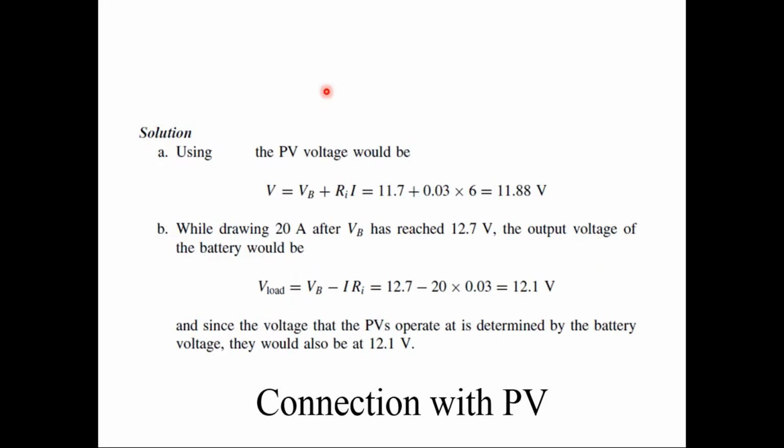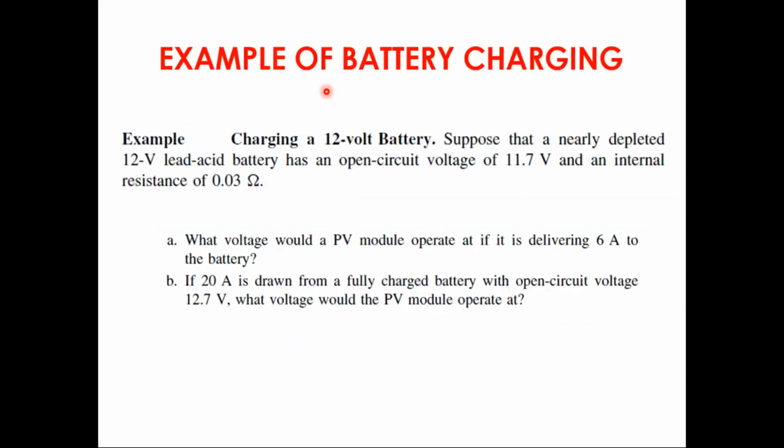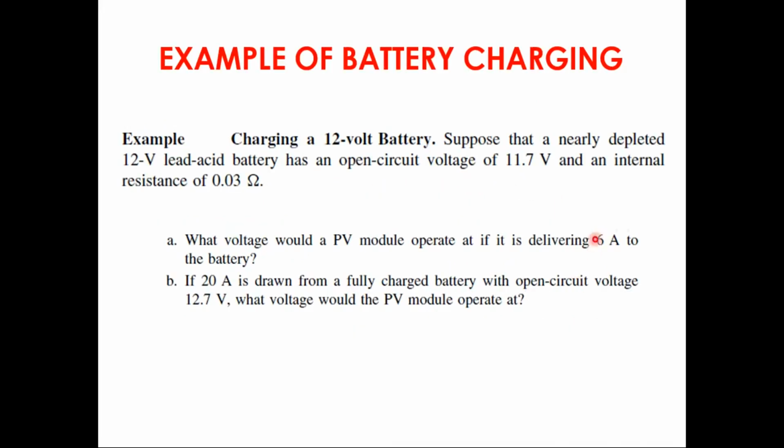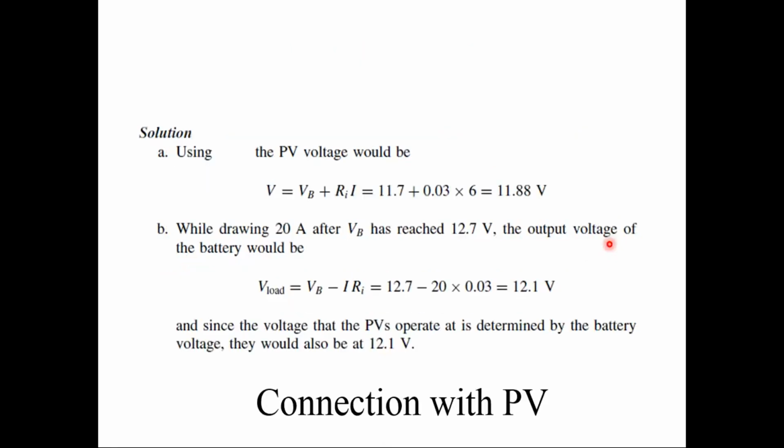In the first case, using the PV, the PV voltage would be V equals VB plus RI into I. We have a battery voltage of 11.7 over here, plus internal resistance into current, because we need to deliver 6 ampere, so the voltage is 11.88.